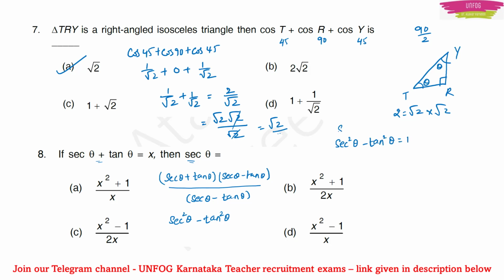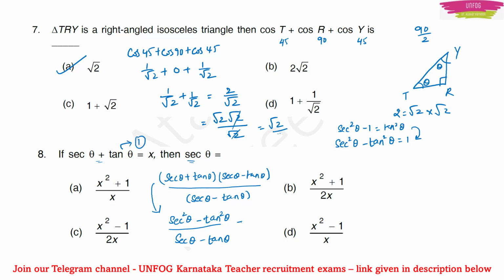Actually, the formula is secant square theta minus 1 is tan square theta. You can write it in any manner. So, for that formula, I wanted to bring this situation. That's why I multiplied and divided by secant theta minus tan theta. In the denominator, I will have secant theta minus tan theta. Now let this given equation be 1.